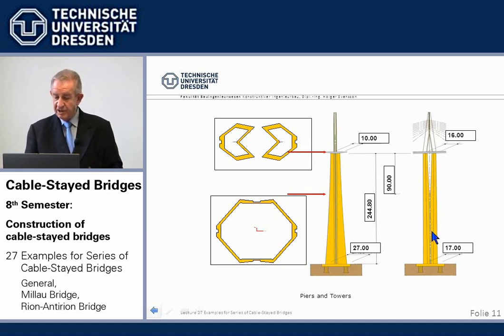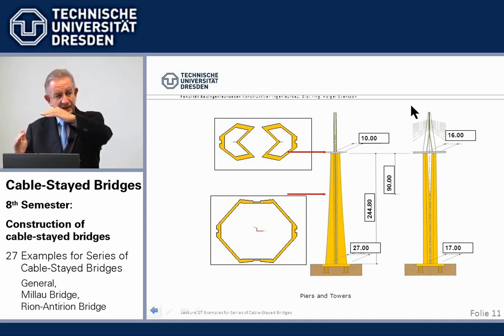And only in the lower part the force couple then becomes a bending moment. So we have stabilized the tower top by A-frame. So it's a very stiff tower for cable loads, lateral loads.